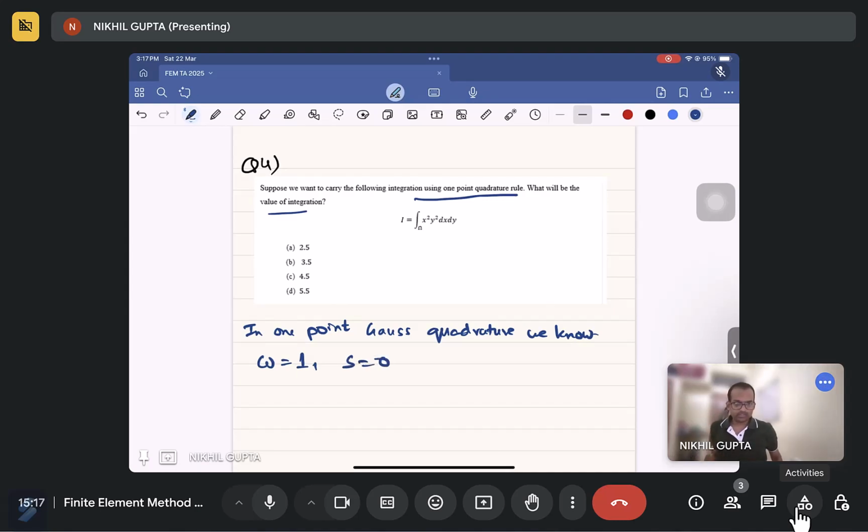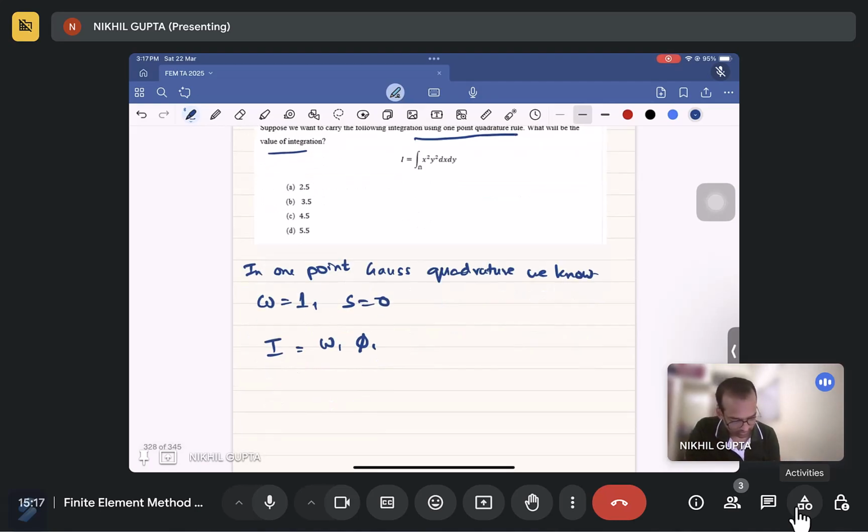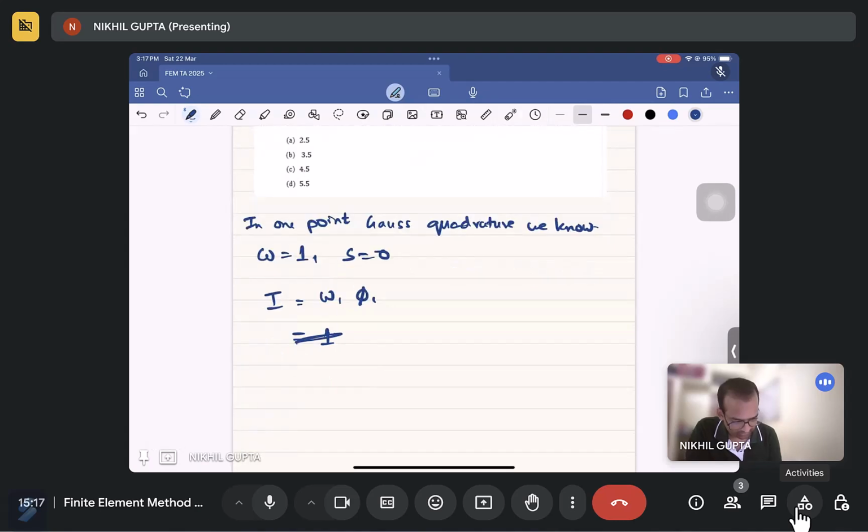So since it is 1 point Gauss quadrature, we'll get the solution as I is equal to W1 phi 1. So W1 is 1 and phi 1 is the value of that function at the sampling point. So let's calculate that first.